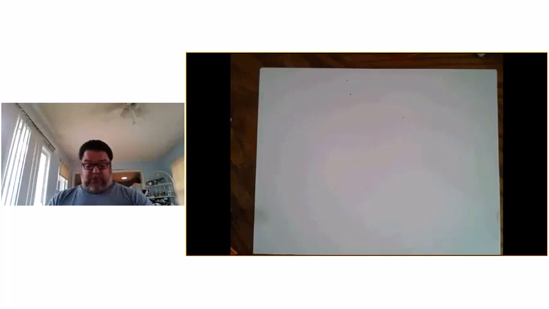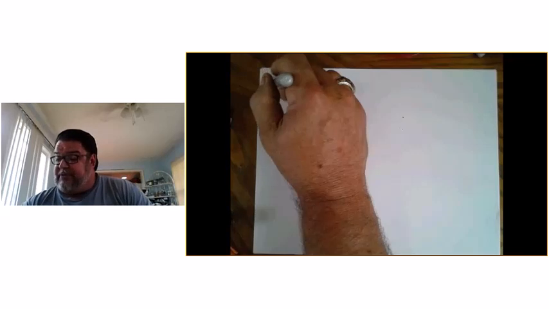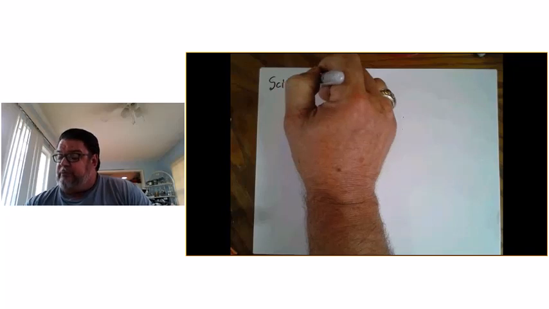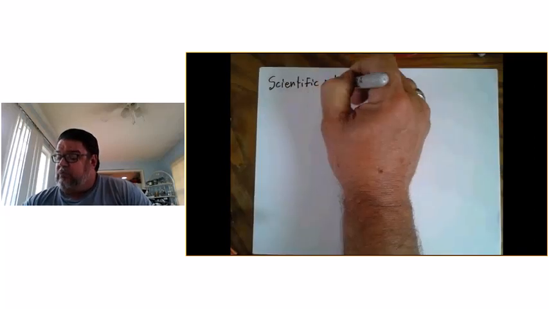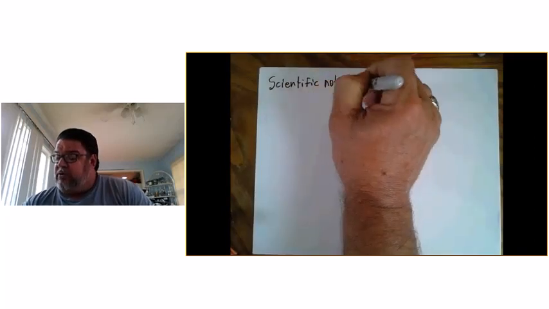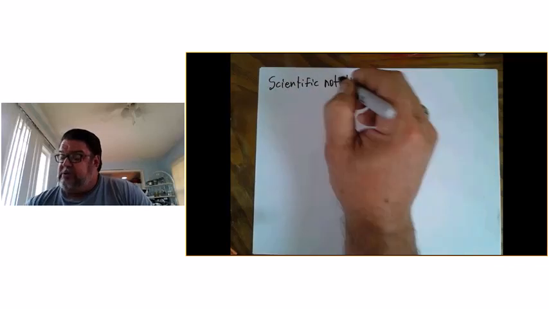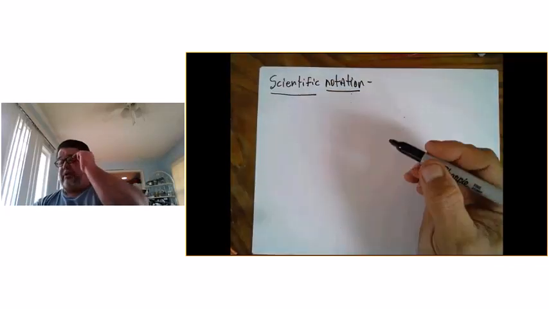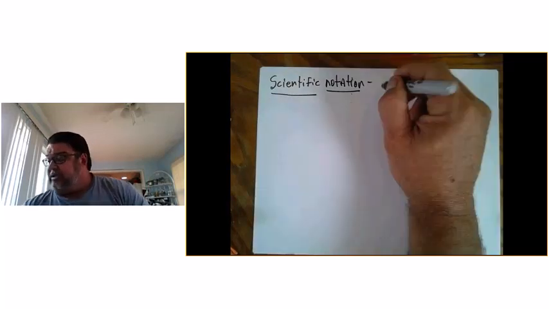Okay, scientific notation. I'm going to go over this, and a lot of you should know it, but I'm going to go over it anyway. Scientific notation. I'm going to give you a Hubertism definition because a lot of people don't understand the regular definition.